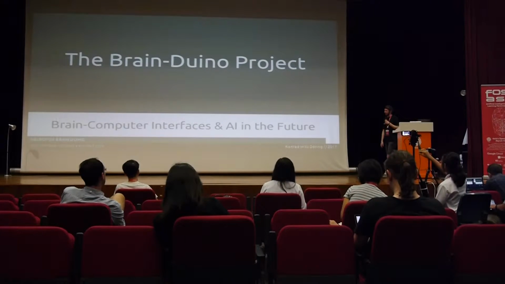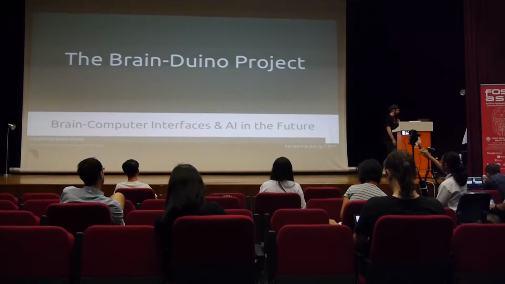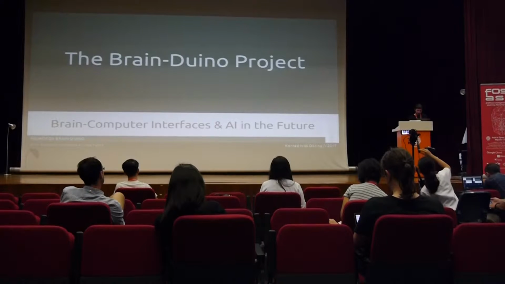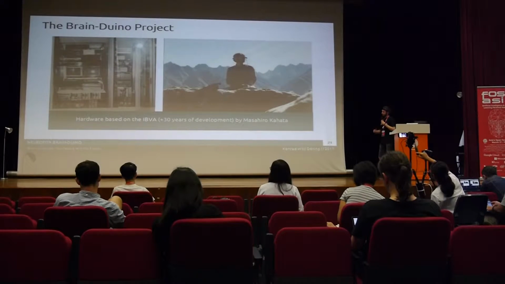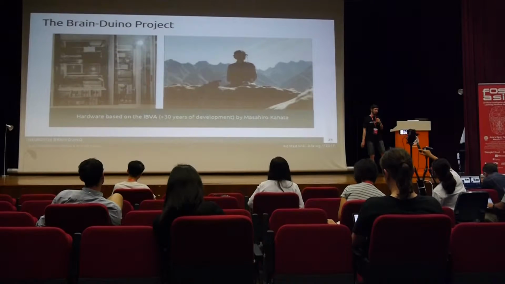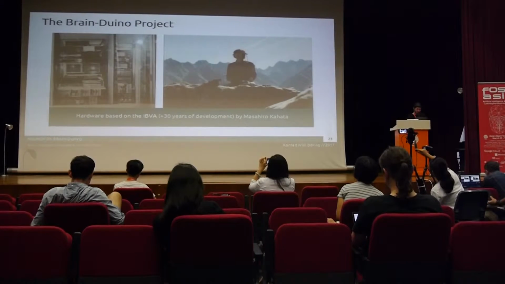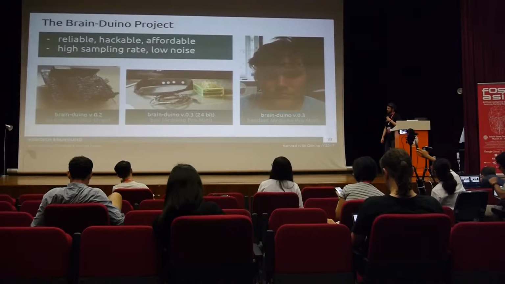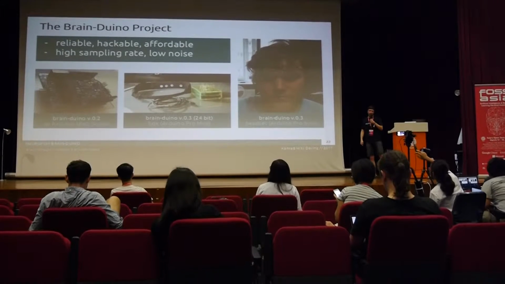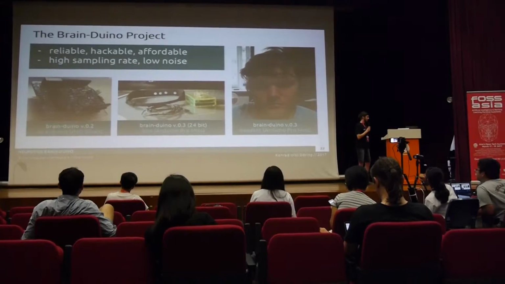So let me just talk about the Brainduino project. It started 2 years ago, but for the technician, it started almost 30 years ago. He was building the IBVA, one of the first mobile brain-computer interfaces. Then we made the Brainduino, the newest version. We already have the Brainduino as an Arduino shield, and a lot of users are already happy with this.